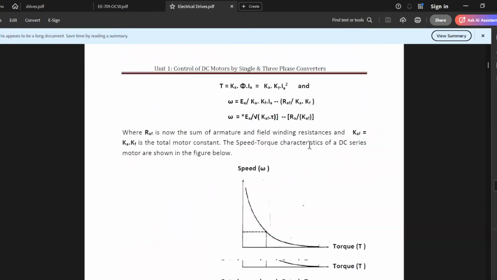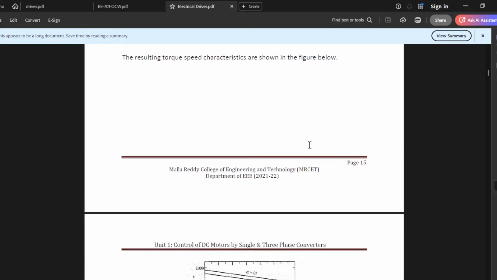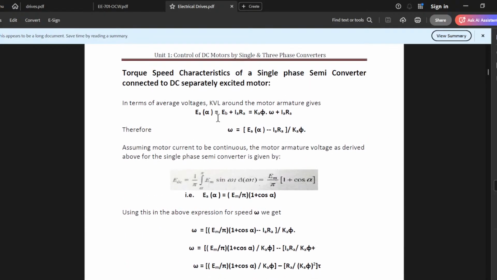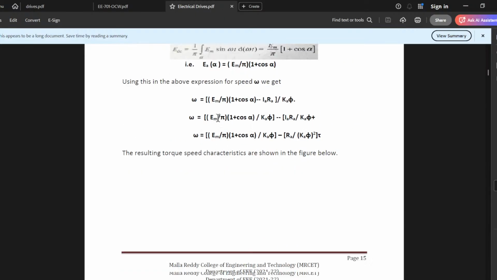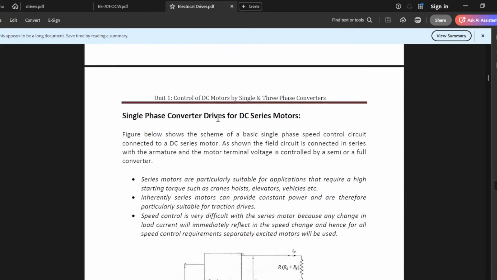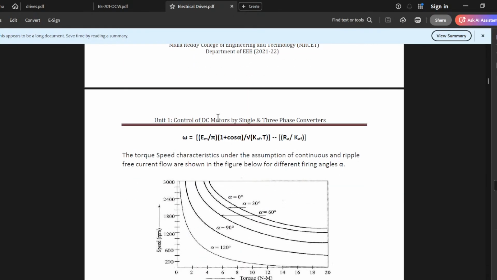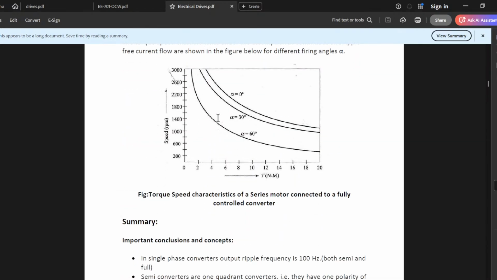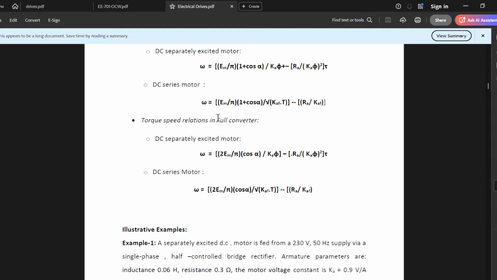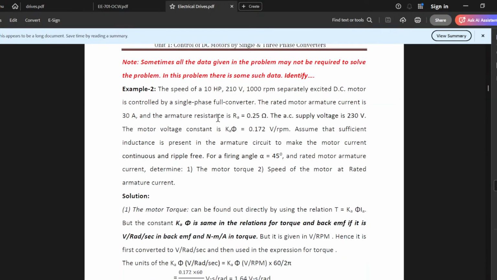Okay, let's read this, go through this. Then what is this? Characteristic of semiconductor converter connected to DC. Okay, some numericals. DC series motor. Some numericals.